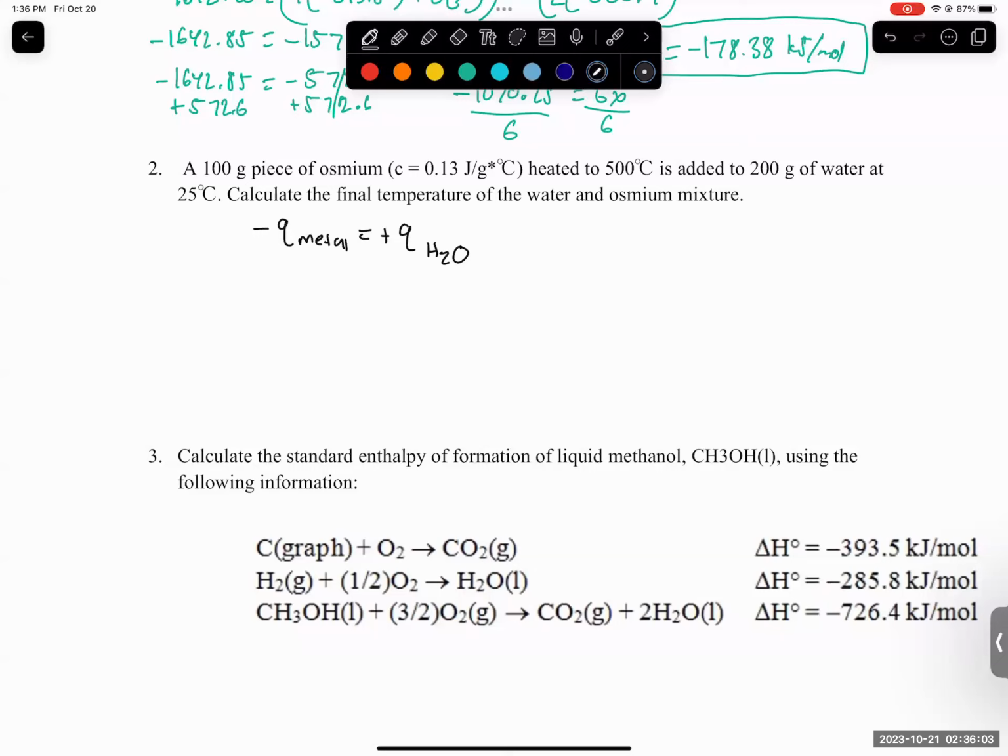Yeah, so negative mC delta T of the metal equal to the positive mC delta T of the water, right? This is all because Q is equal to mC delta T, mass times the specific heat times the change in temperature of whatever it is. So now we also know that delta T is equal to final temperature minus initial temperature.